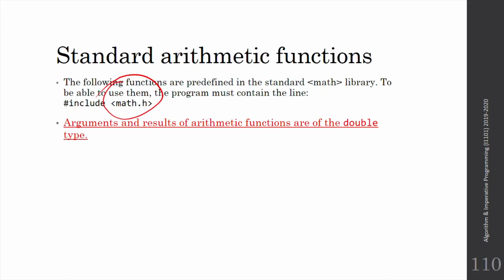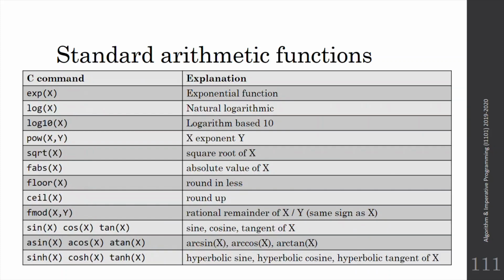You should know that all the arguments, the variables that we use in these functions, are of double type. So let's check the functions now. We have the exponential function. We just give a variable here in order to get the exponential. We usually use the power a lot. Whenever we have x power y, we use pow(x, y).